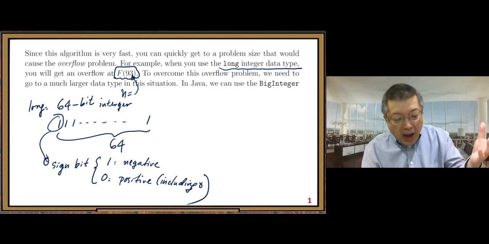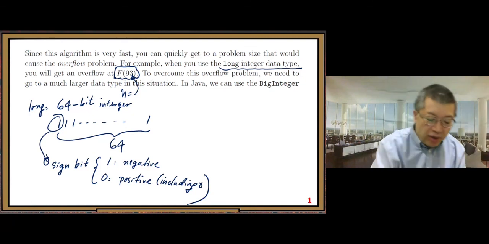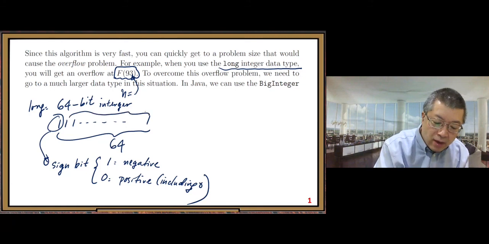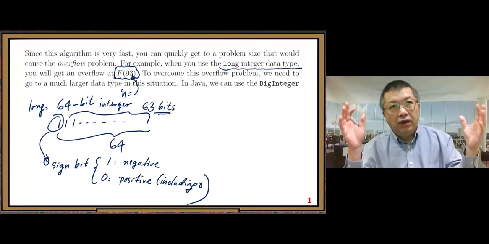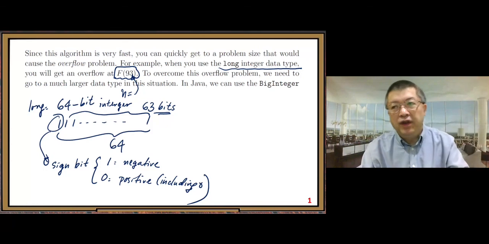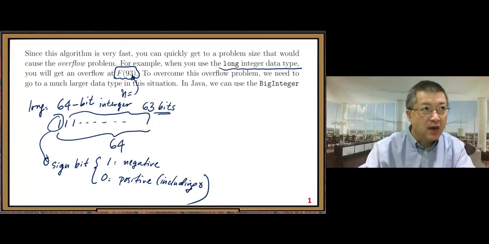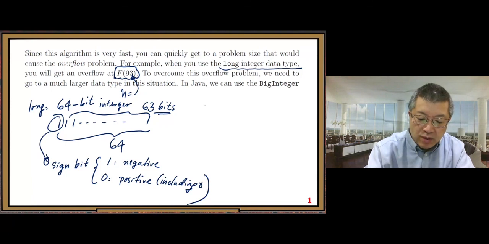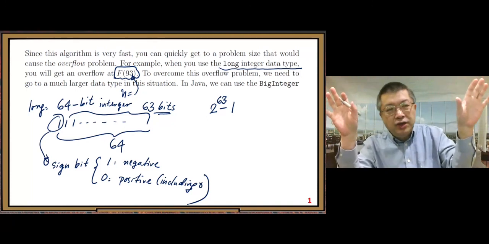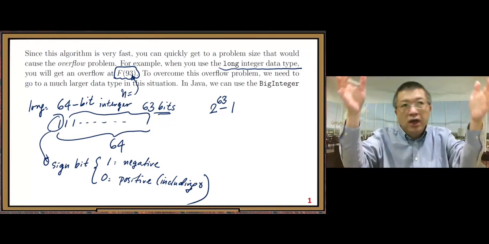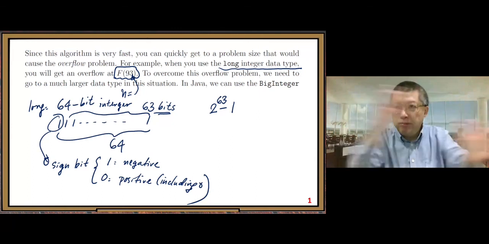That means other than the sign bit, we can only use the remaining 63 bits to represent the size of the integer. Then, what is the largest integer we can represent? 2 to the 63rd minus 1. So all 1s, you pack all 1s in 63 positions.